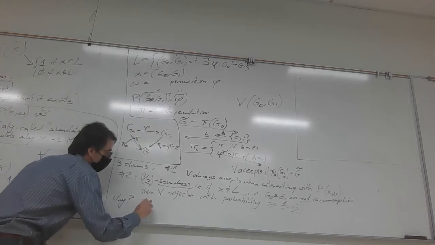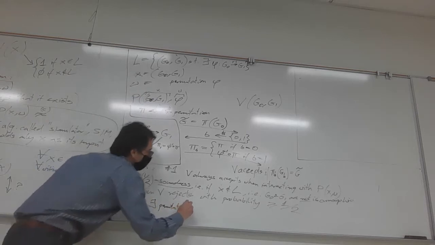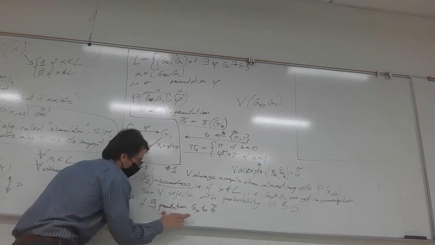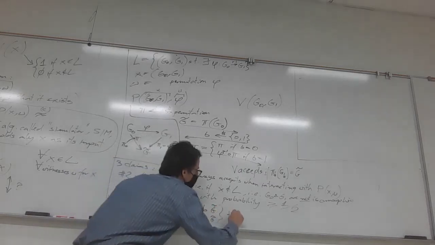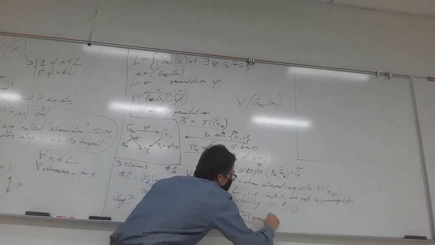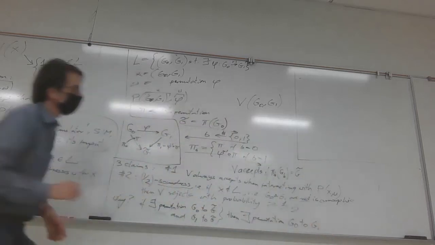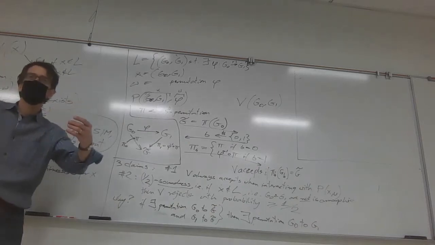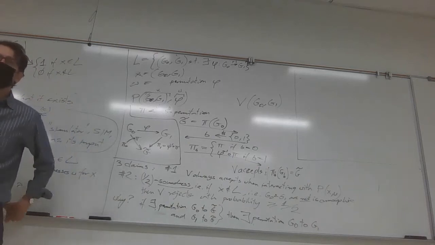Because if there exists a permutation from G0 to G0 and G1 to G0, then there exists a permutation G0 to G1. Right. So this is exactly this kind of binary left or right question. If both of them exist, then this means that there is no wall in the back of me.